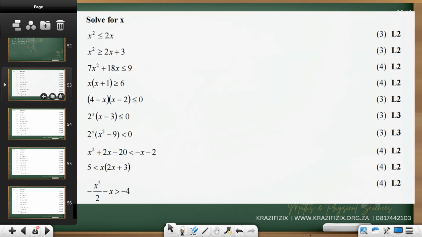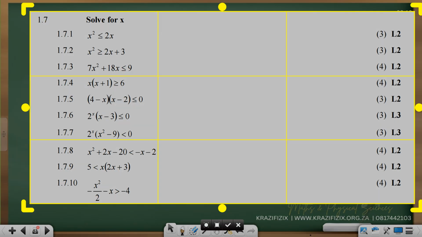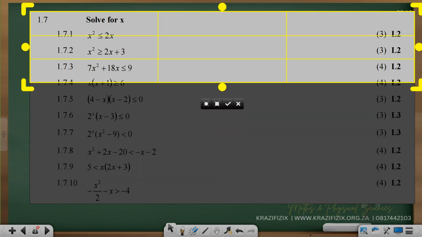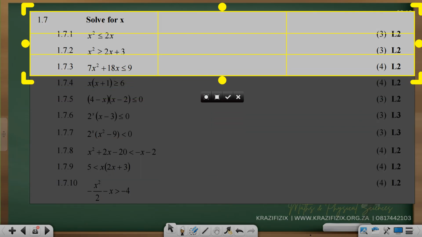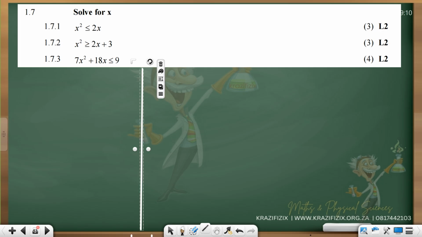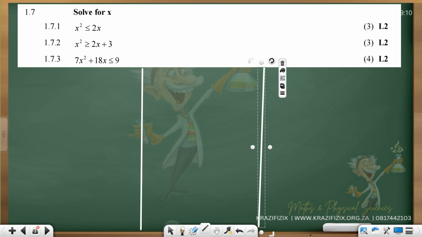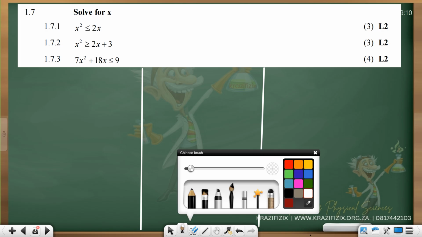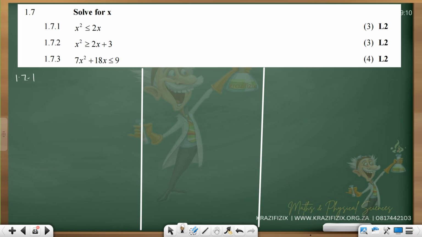For the first page, I handle the first 3 here. All right, guys, I will do 1.1, 1.2, 1.3. X squared. Please remember, don't divide.